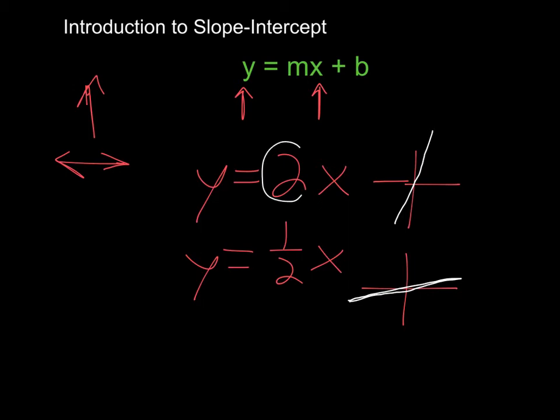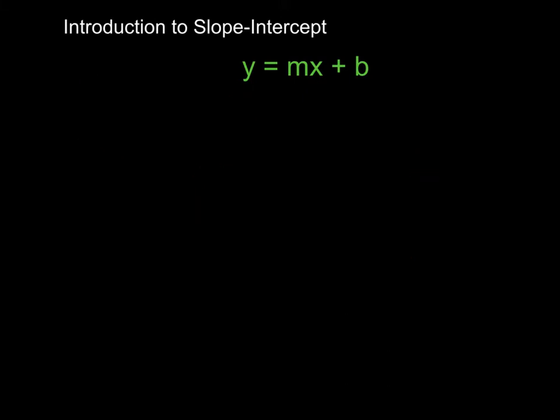And the number in front of the x told us how steep that line was going to be. Well, guess what? That letter M is the slope of our line. It tells us exactly how steep our line's going to be.